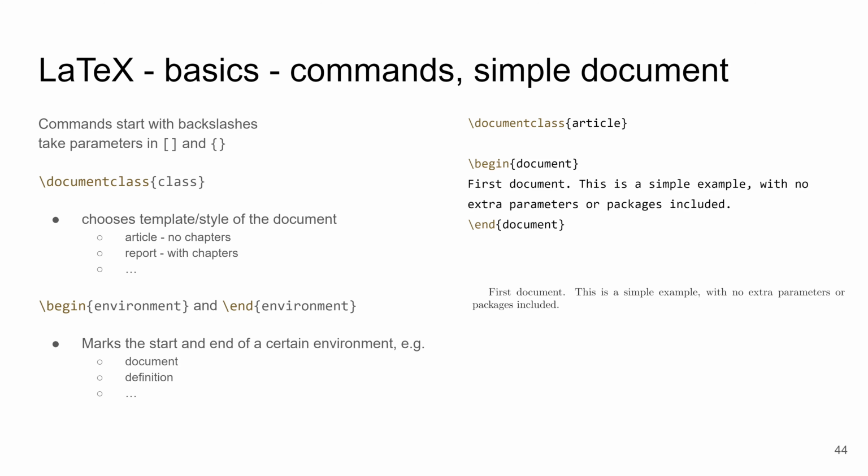And to start and end an environment, use the begin and end commands with the name of the environment. So this you will use, for instance, for definitions or listings of source code and so on. But there is an environment that actually represents the document itself, and that's the document environment.